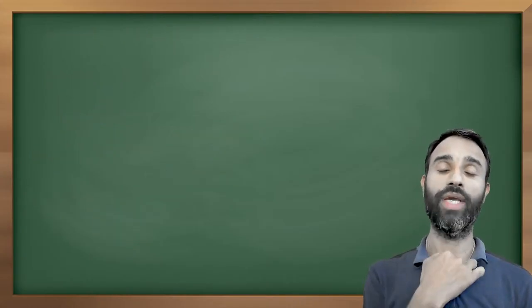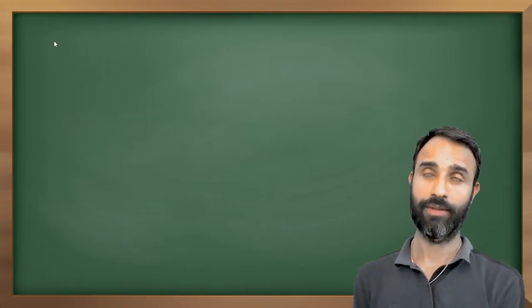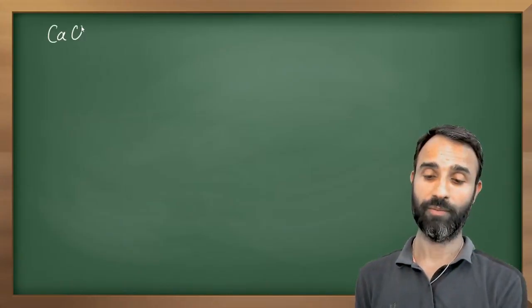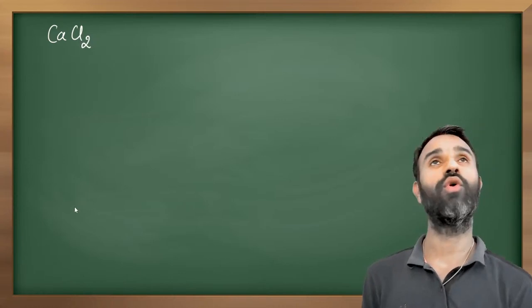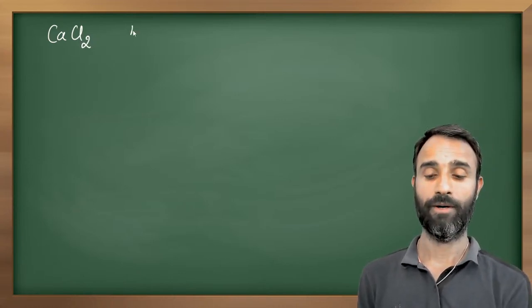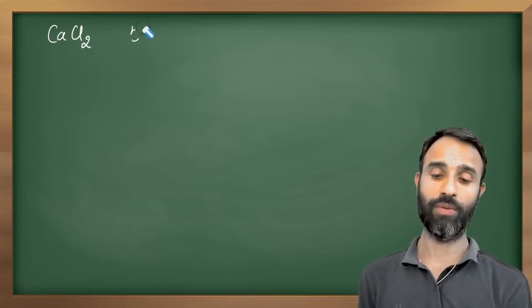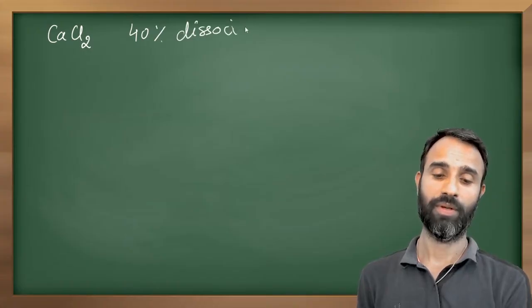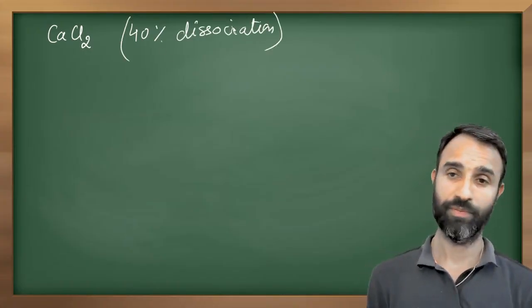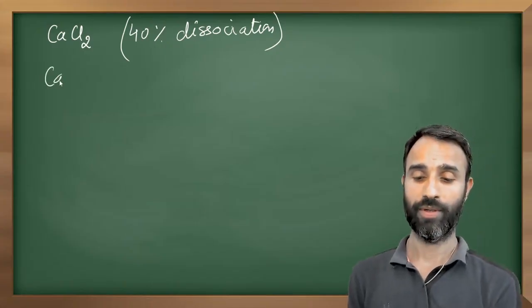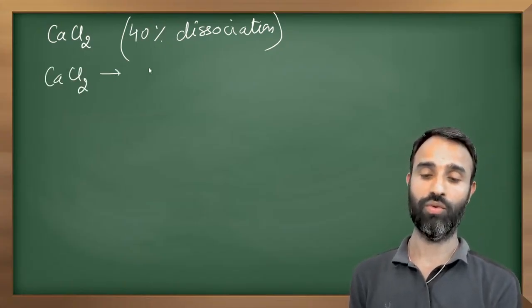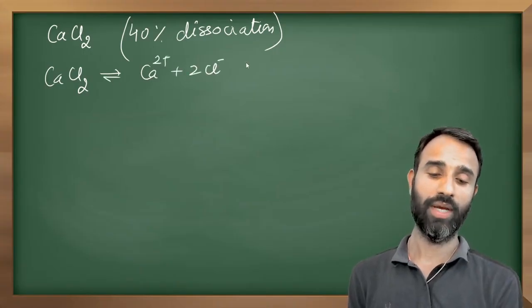Now if we have CaCl2, let us say, and it undergoes only 40% dissociation, then what is I? CaCl2 will give Ca2 plus and 2Cl negative. N is 3.